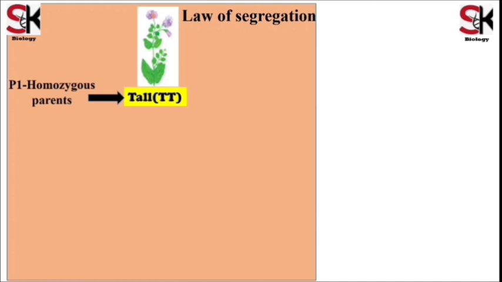Now let us understand how Mendel studied the law of segregation by a hybridization experiment. Mendel hybridized homozygous parents. One parent with homozygous dominant alleles, here a tall plant with the dominant allele, and the other parent with homozygous recessive alleles, here a dwarf plant with a pair of recessive alleles.